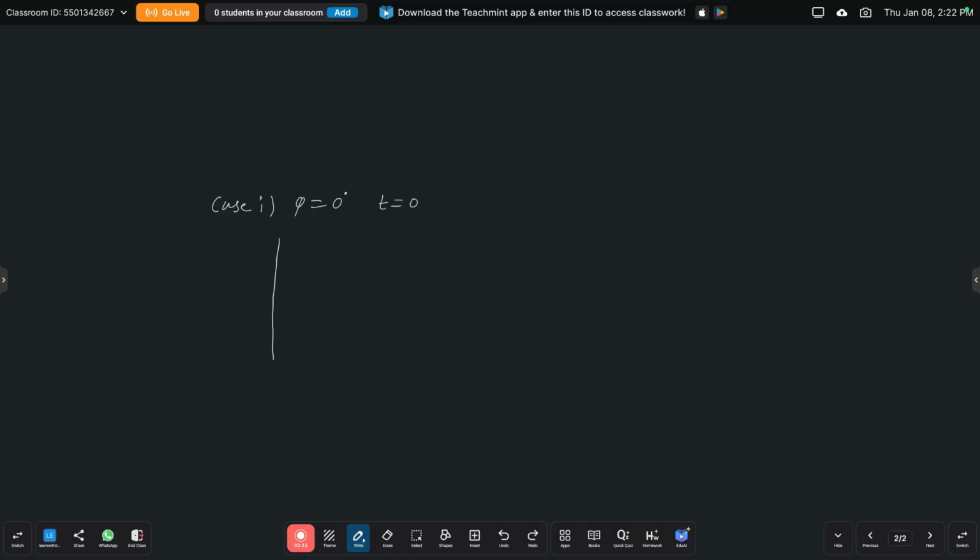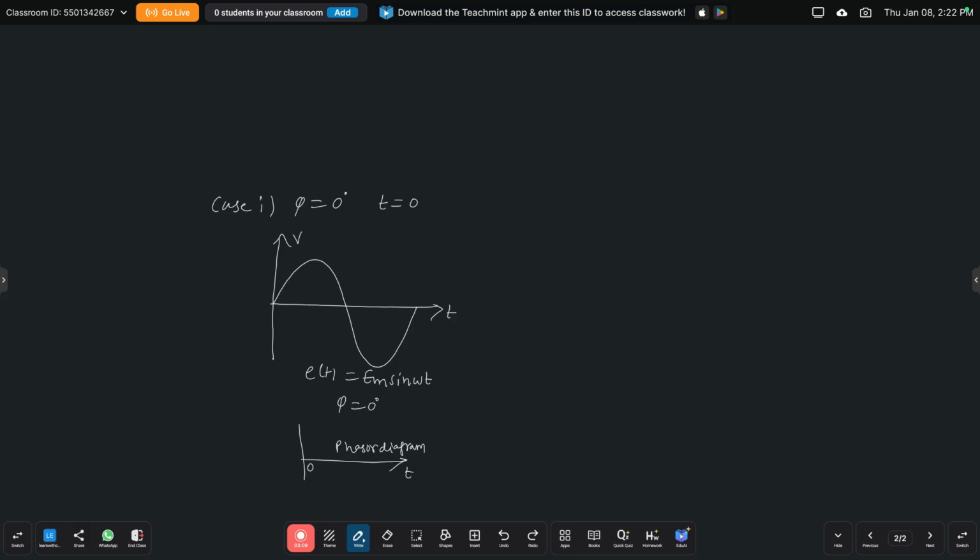Let us take the AC quantity as V, so e of t equals Em sine omega t. Then when phi equals 0, this is the phasor diagram, which represents the 0 phase.